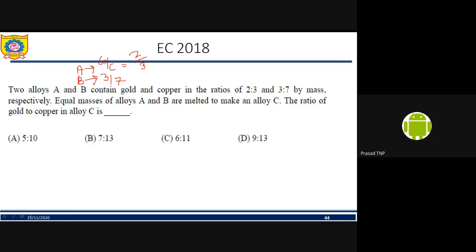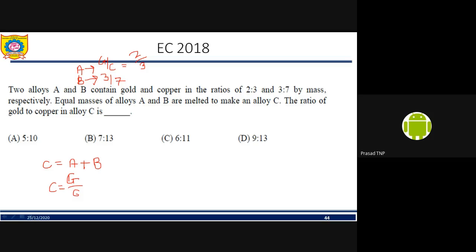Now, these two alloys are mixed with equal masses of alloy A and alloy B, and then the third alloy C is formed. Then how much is the proportion of gold and copper in alloy C? This we have to calculate.